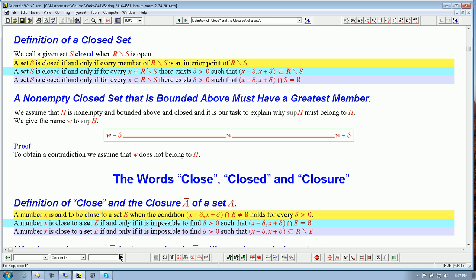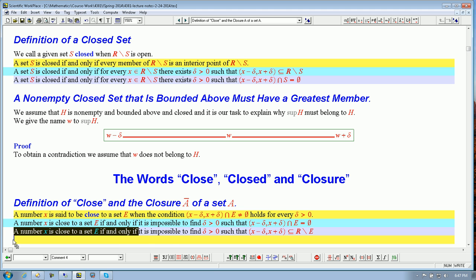So I'm hoping that we can now pick up one more. Unfortunately, I'm back to an old color. A number X is close to a set E, and look at this gray.